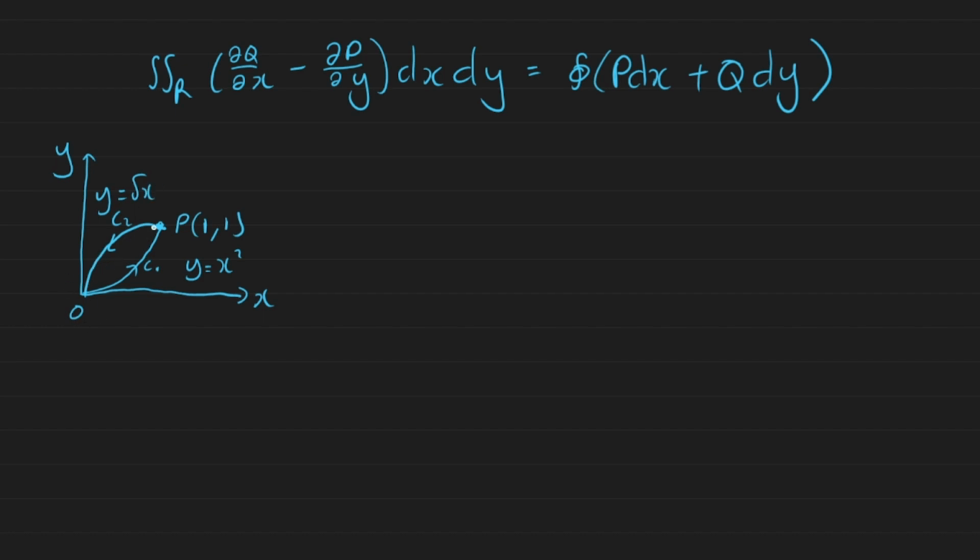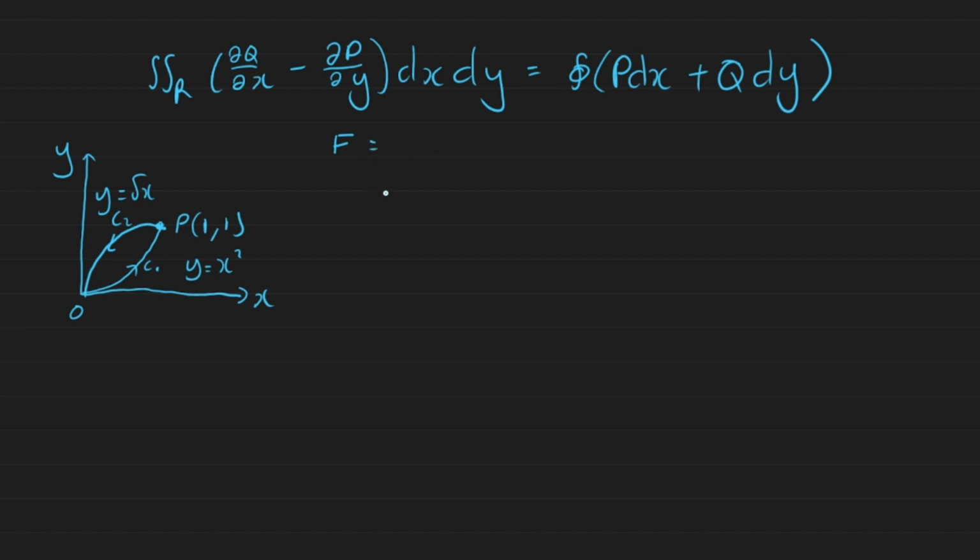So this is the path traveled along by something, whatever it may be, and this is the region that's bounded by these two curves. We want to apply Green's theorem to this scenario and show that the left-hand side of Green's theorem is the same as the right-hand side. Acting along this curve is the vector F, and F has the form Pi plus Qj.